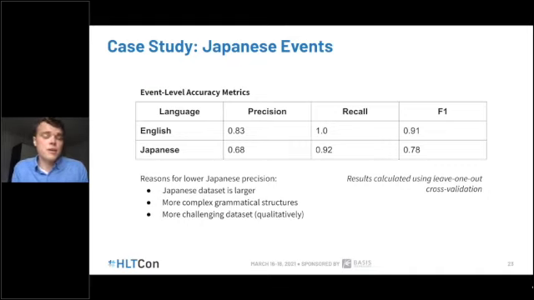A specific example was there was a sentence where someone was quoted as saying that the police intend to arrest people. And the way that that notion of intention is expressed in Japanese is somewhat specific, and the algorithm hadn't been exposed to that anywhere else. So it erroneously extracted it as an arrest event.